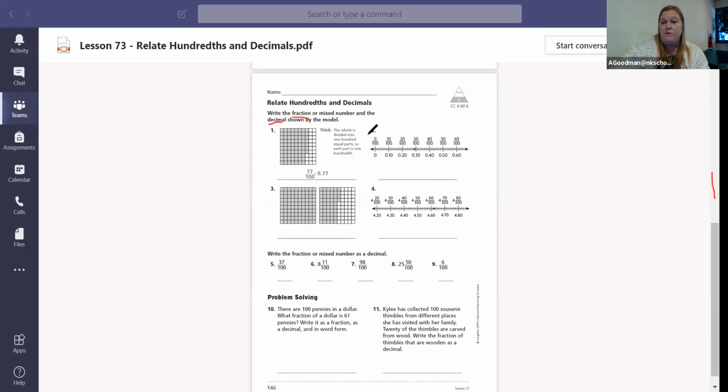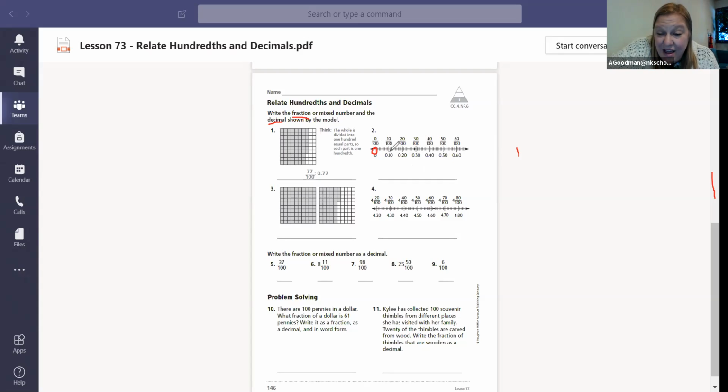Number 2, here's a model that is on a number line, not a hundreds grid. So here we have, this would be 0, and this would be 1, way over here. So notice our fractions are now hundredths. So all these tiny little things between this one and this one, there are 10 tiny little tick marks.